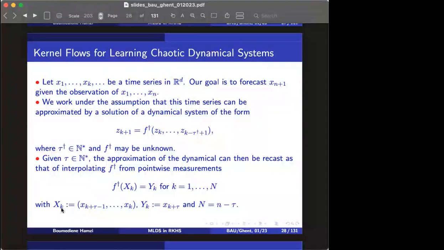So here the X will play the role of this path x_k to x_{k+tau-1}, and y_k is the next iteration. So y_k is equal to x_{k+tau}, and capital N is the number of iterations that we need.